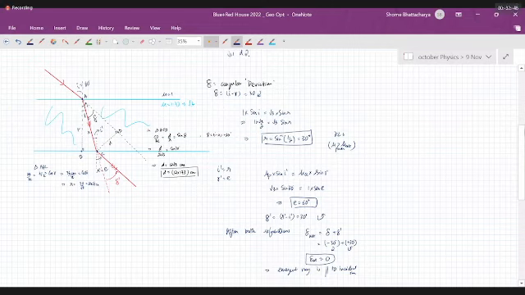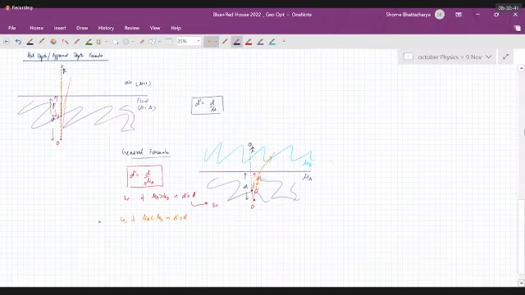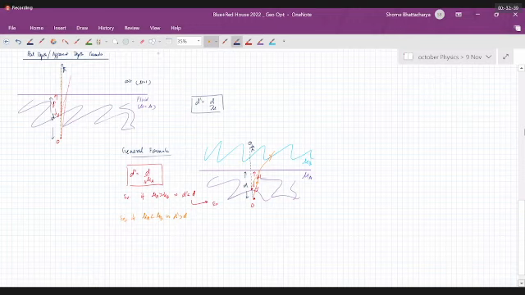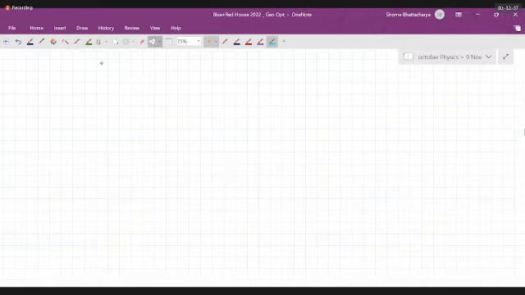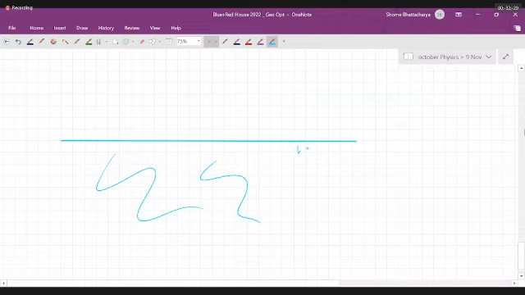Okay. So now let us look at one important type of application of this. So we have water which has refractive index 4 by 3 or approximately 1.33, and air, which has refractive index 1.